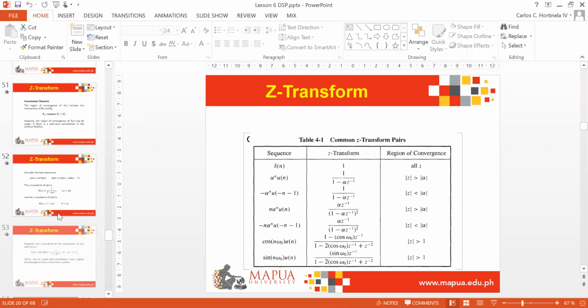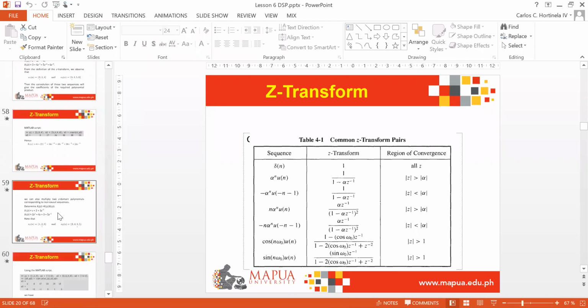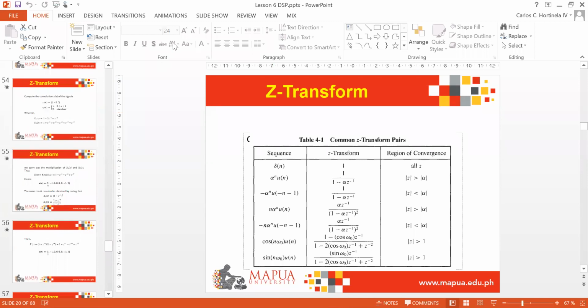Actually, there are a few more examples that you could see regarding the Z transform in the video lesson. Nandun may example do sa video lesson. I think nandun din yung derivation, no? If you were able to watch that. Nakuha yan?